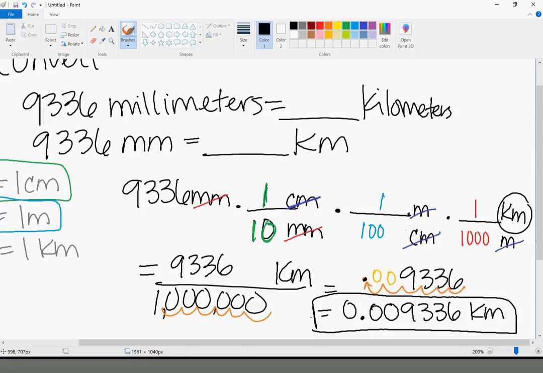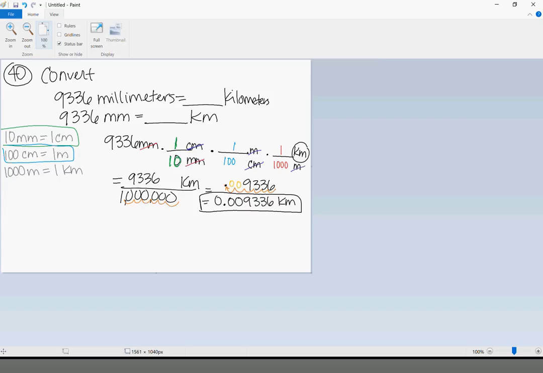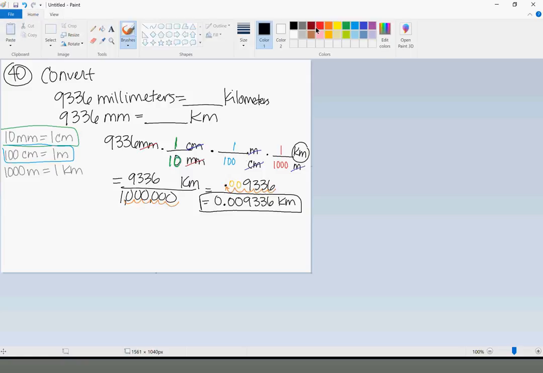So this really is just trying to see if you understand the whole way that you convert and how you line up your units. And let me use my colors here. This is how I got that in red. So I started with millimeters, and I multiplied it by centimeters over millimeters, so the millimeters would cancel out. And then I put the next fraction as meters over centimeters, so the centimeters cancel out.